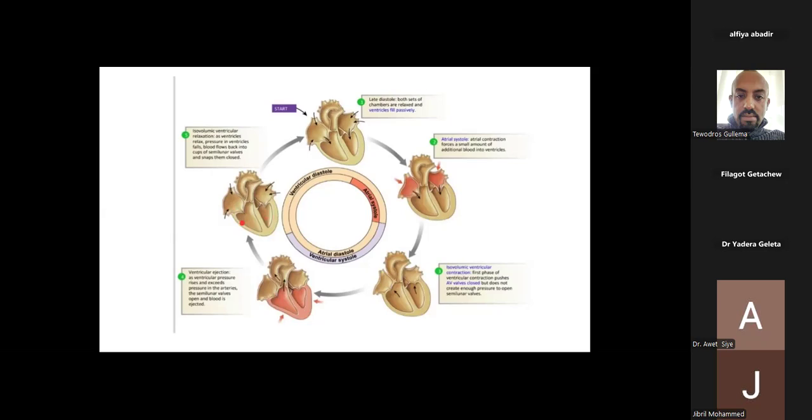That's called isovolumic relaxation. Isovolumic relaxation is a period characterized by closure of all four valves and relaxation of the ventricle. It's very important to decrease the ventricular pressure, and it is critical for opening of what? The AV valve and ventricular filling.